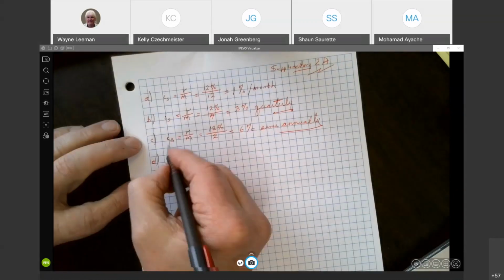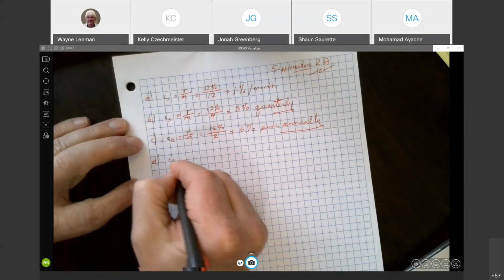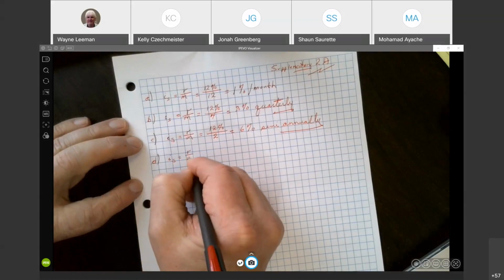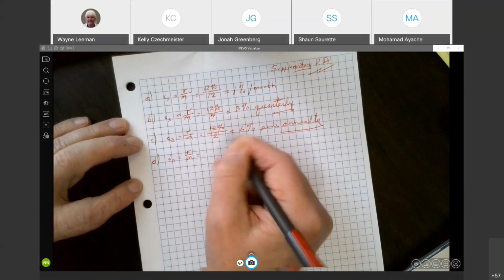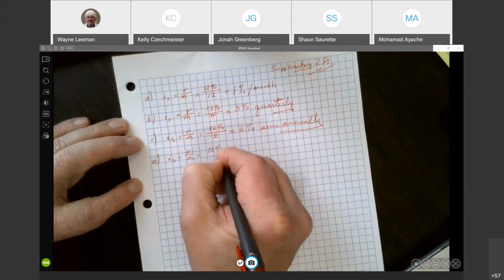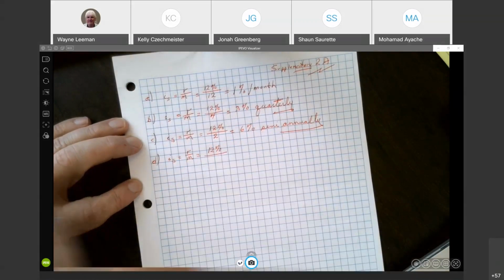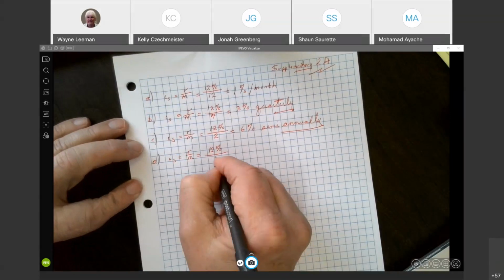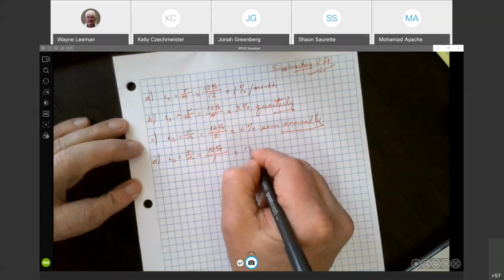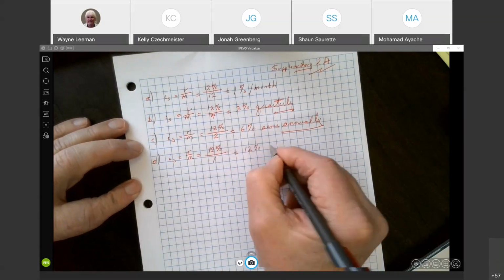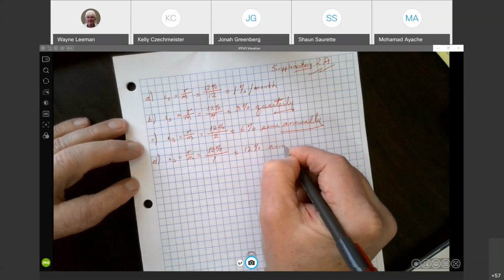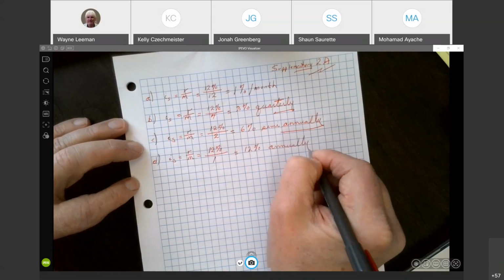So once again, the prime formula or the start-off formula, I subscript S is equal to R over M. R is the nominal rate, 12%. The number of compounding periods per year, it's compounded annually, so there's only one in the year. So it will be 12% annually.